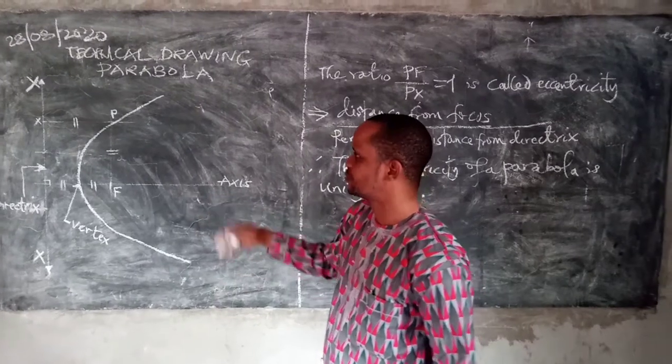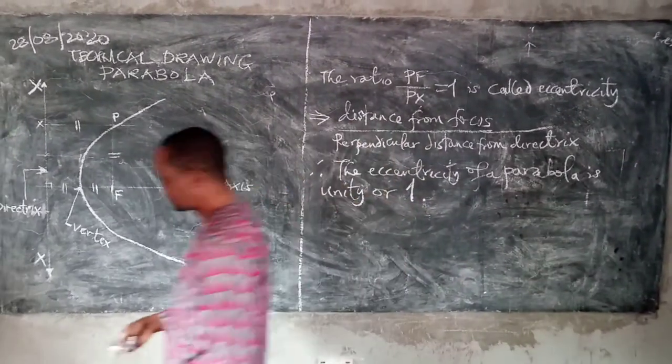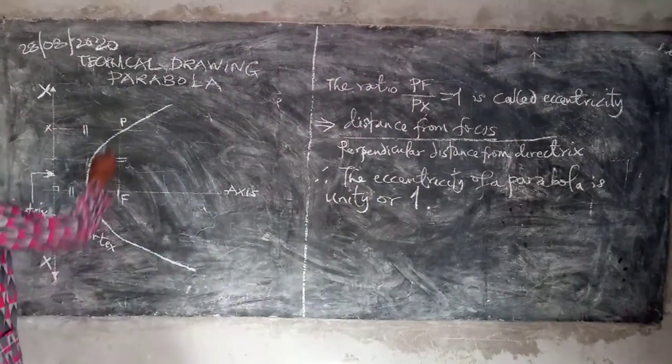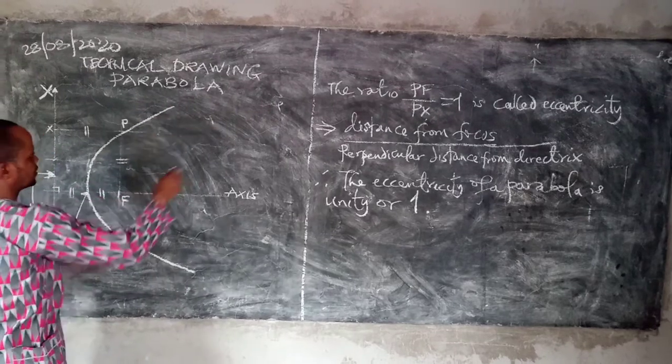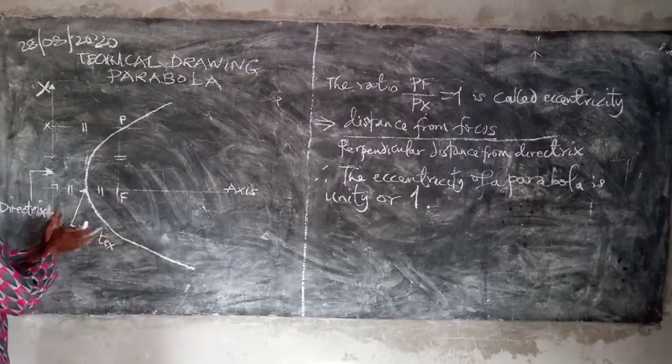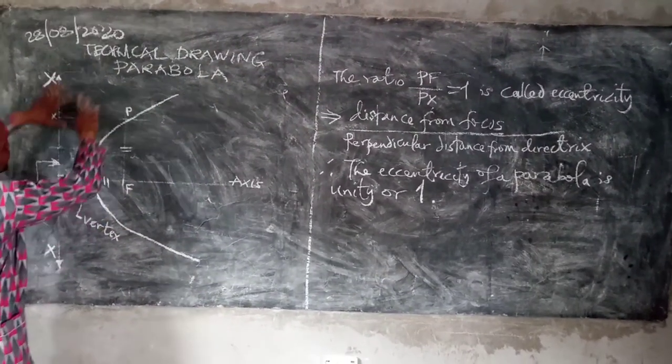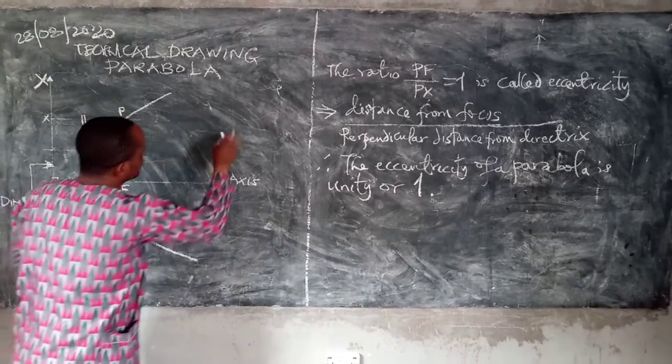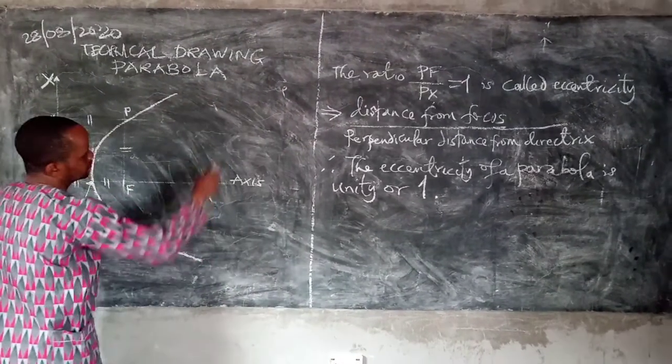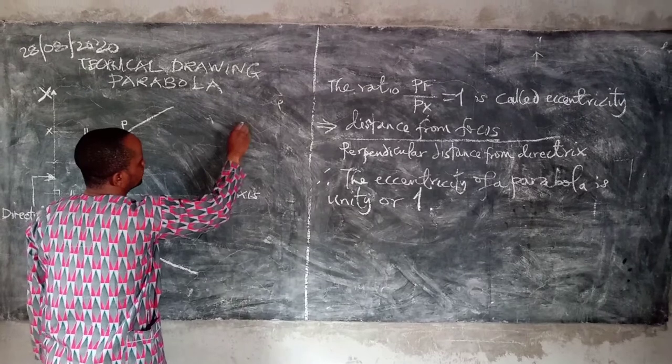Now, I'm going to show that. I want to pick a point. If you look at this drawing here, let's say I'm removing this drawing. Let me say I have a blank space. I pick a point outside.